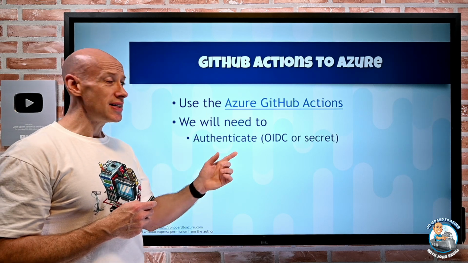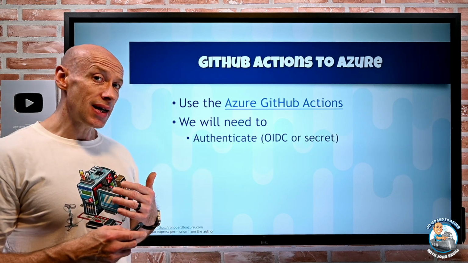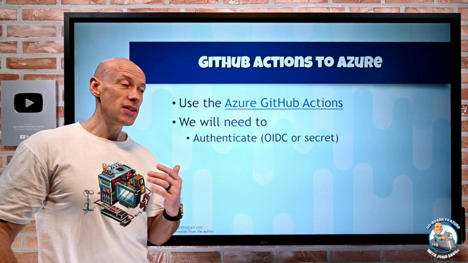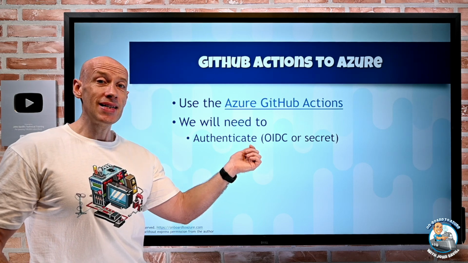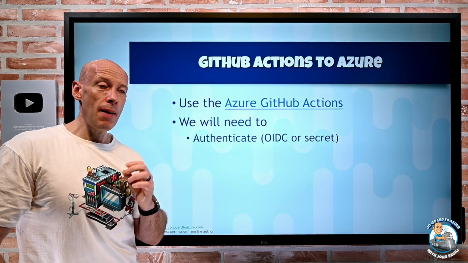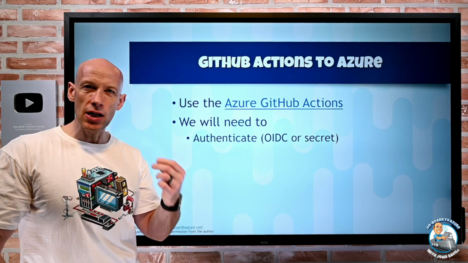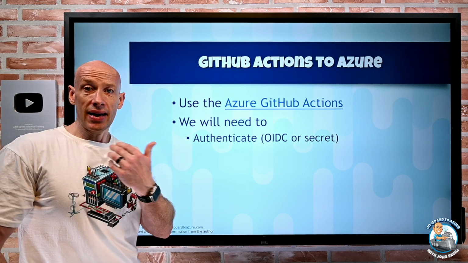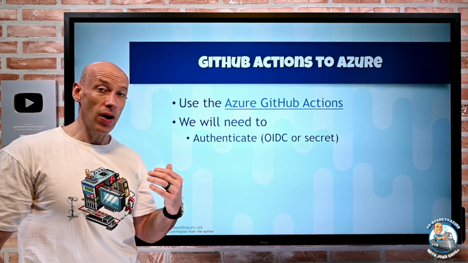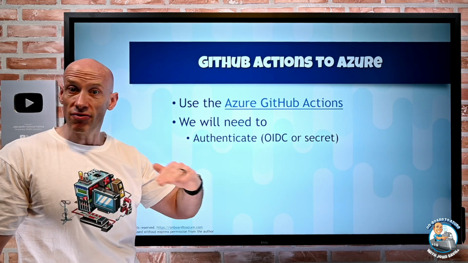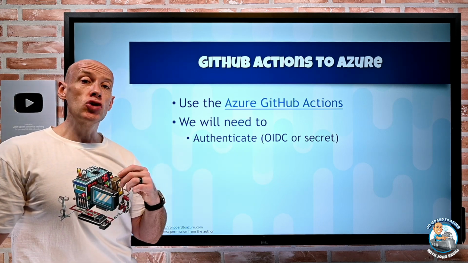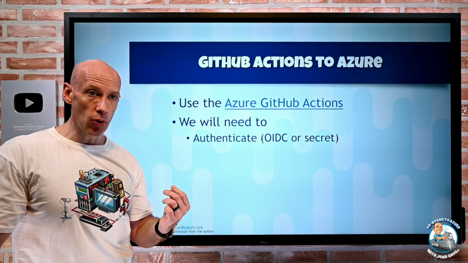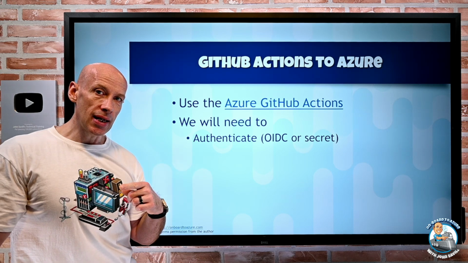We'll need to authenticate. There's different ways we can authenticate. The best way is using OpenID Connect. And what happens here is, rather than me having to store a secret somewhere, GitHub has an account and a certain repo and maybe a certain branch or a certain environment. And then in Azure AD, I create a service principal, but I associate it, which is now supported.